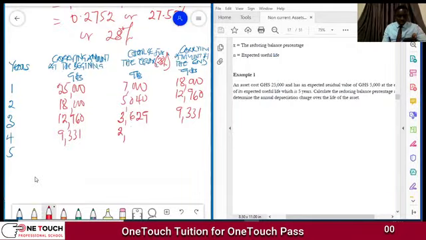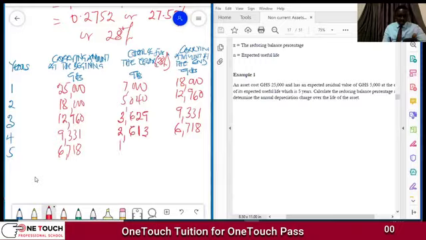That is 2,613. So 9,331 minus 2,613. That is 6,718. So 6,718 times 28%.